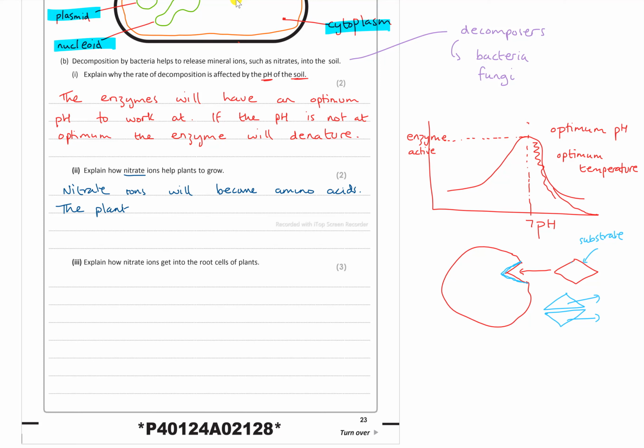The plant then uses the amino acids to make proteins and DNA for new nuclei.